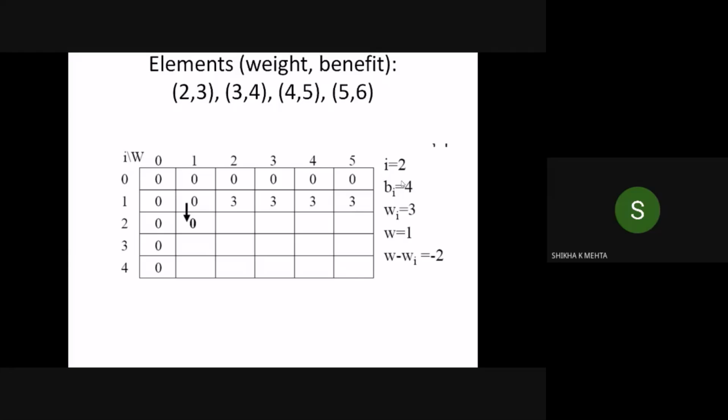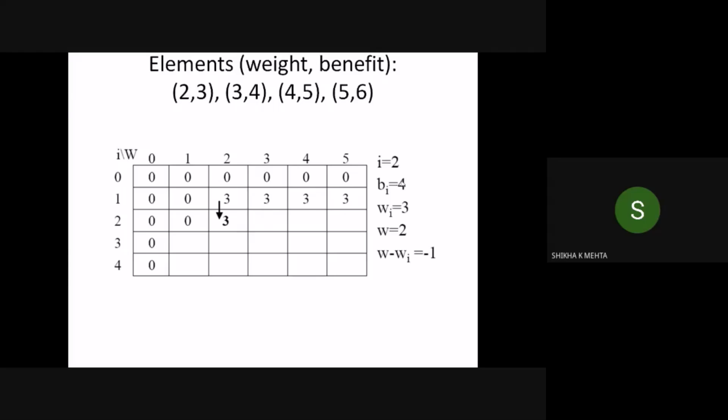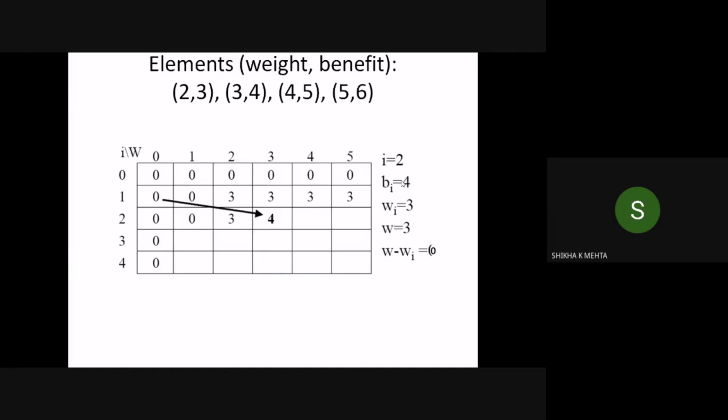So the previous values will remain the same, as they are. They won't be changed. The new value that will be updated is over here. So 4 is the benefit associated with the second item. So we have updated this over here.